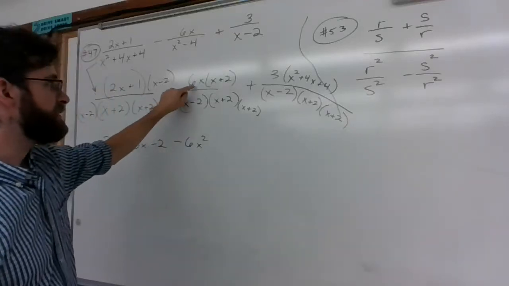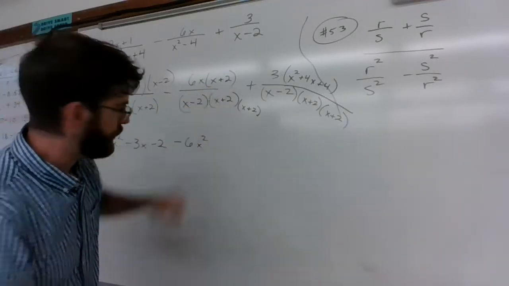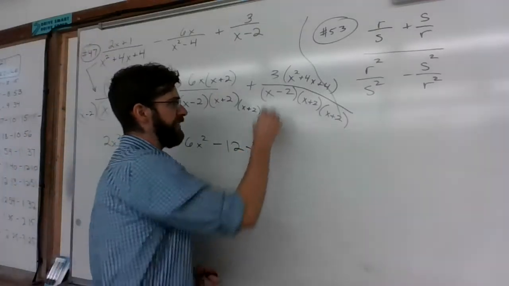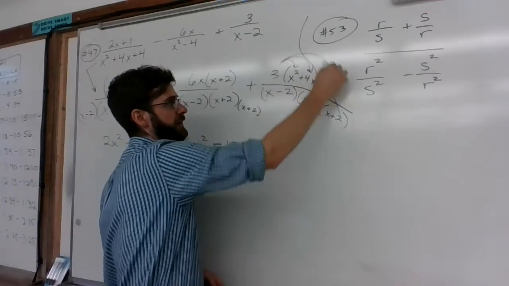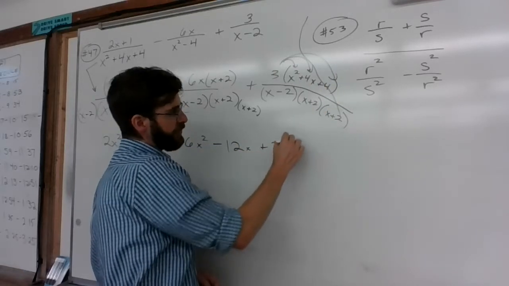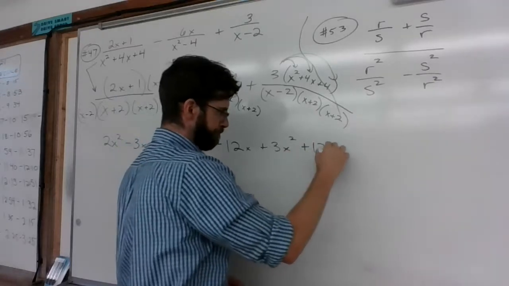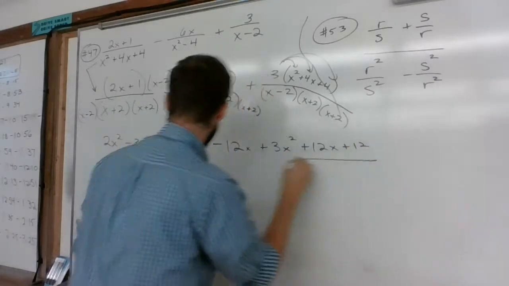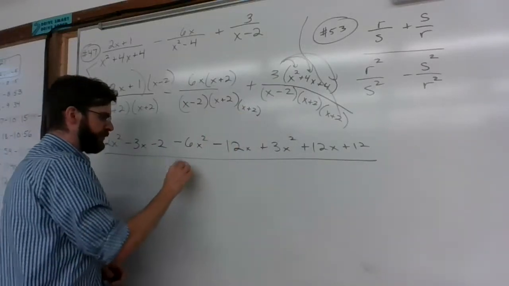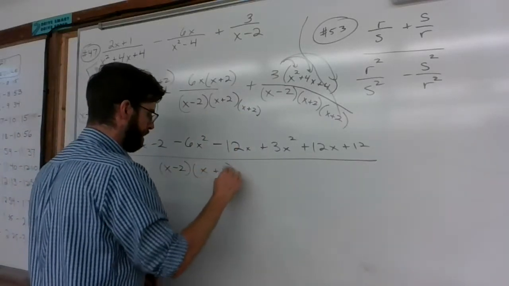It's negative 6x times positive 2. And then it's going to be 3 times everything inside here. So plus 3x squared plus 12x plus 12. And then one denominator on the bottom is going to be x minus 2, x plus 2, x plus 2.